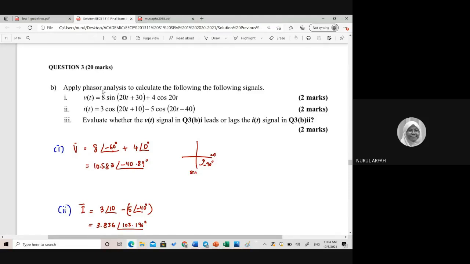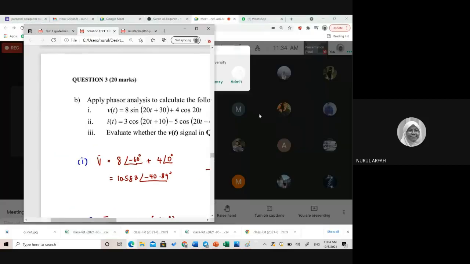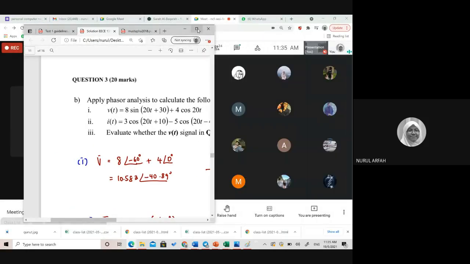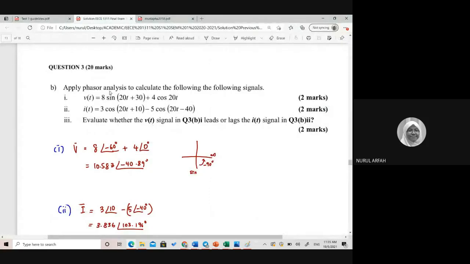So for this part, I give you something like this. Voltage equal to 8 sine 20t plus 30, and then plus 4 cosine of 20t. Okay, so what we mean here is that you need to use your calculator, yes, but before you use your calculator, you need to know how to transform this into what we call Phasor form, right? Do you still remember what is Phasor form?